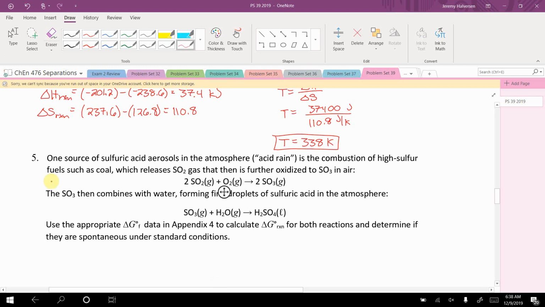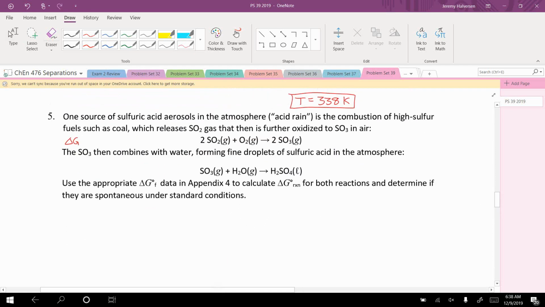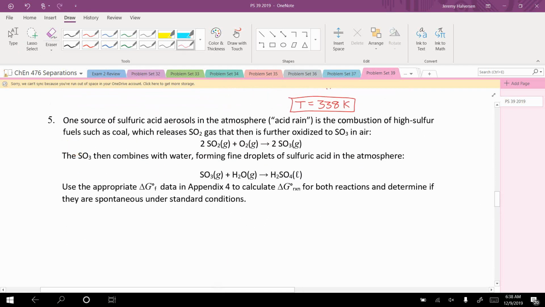So I'm going to do this as delta G. How much space do I have? Oh, I've got plenty. So the delta G naught of either of these reactions is going to be products minus reactants.